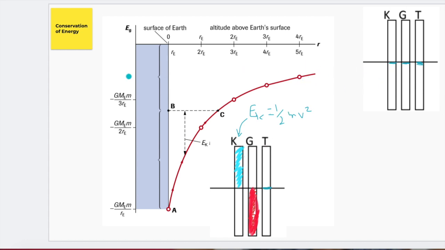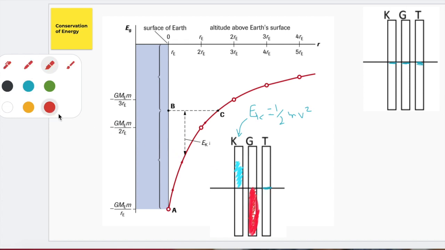Now let's look at a slightly different situation. What if we didn't have enough energy? What if our kinetic energy was a little bit lower? So if our object starts on the surface of the Earth, this number doesn't change. But let's say we have less kinetic energy, so our rocket isn't quite as powerful as the first one. Then my total is going to be negative, isn't it?